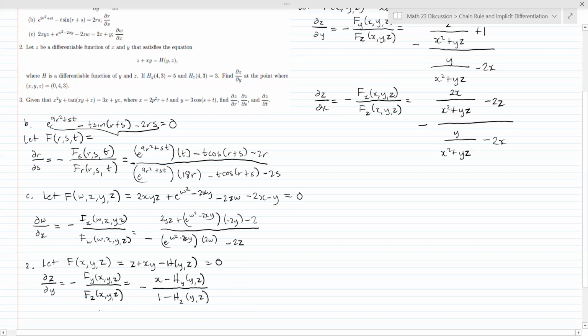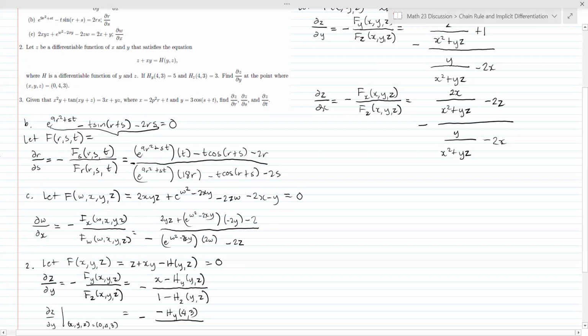Question I, what if we evaluate this at the point where x, y, z is equal to 0, 4, 3. So what's that? So this is negative 0 yung x. So negative sa taas, negative h sub y of 4, 3.